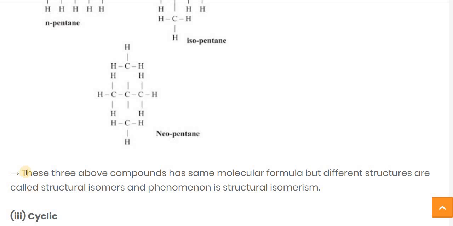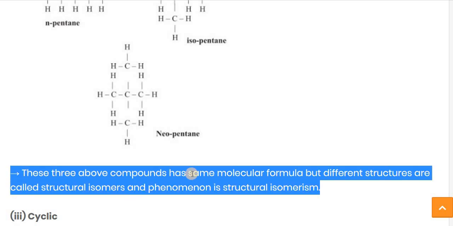Let's see one more time. These three above compounds, n-pentane, isopentane and neopentane, have the same molecular formula, C5H12, but they possess different structures.